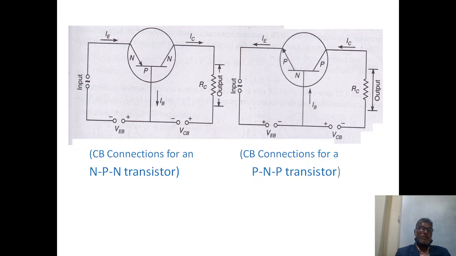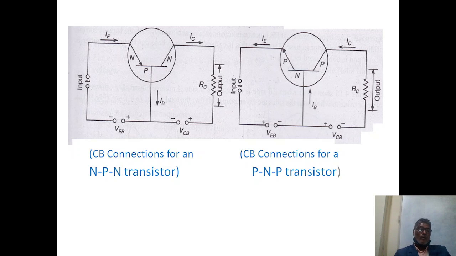So see, this is the circuit diagram or connection system of a transistor using the CB mode, or the common base method. In the first figure I have used an NPN transistor, and in the second figure I have used a PNP transistor.